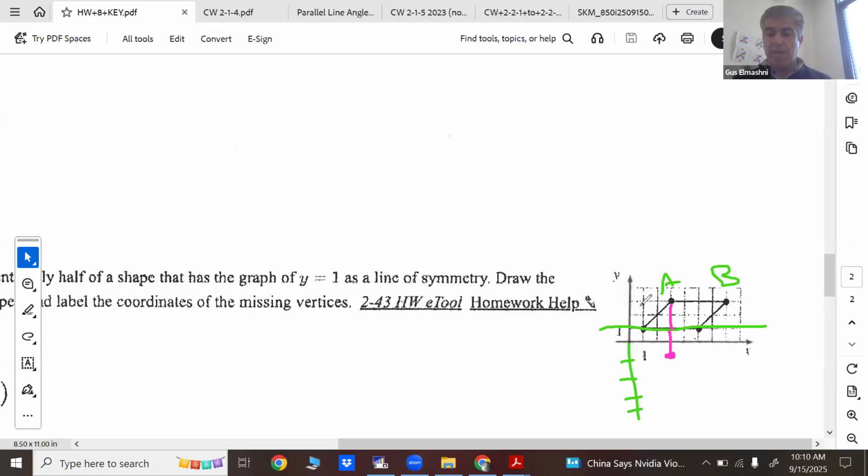You're reflecting about y equals 1. So you have to see the distance that they're away from each other and use that same distance. That's why I said 3, -1. No, according to the diagram, that's 3, -1. Right here. That's 1, 2, 3. So right now it's at 3, 3. And if you're jumping over y equals 1, it's at 3, -1.